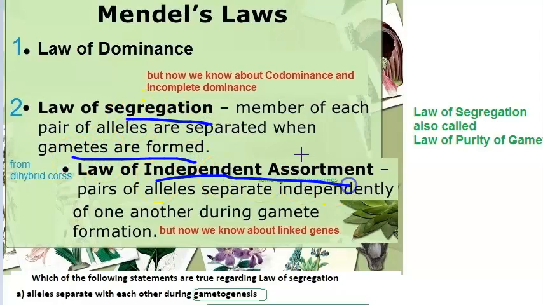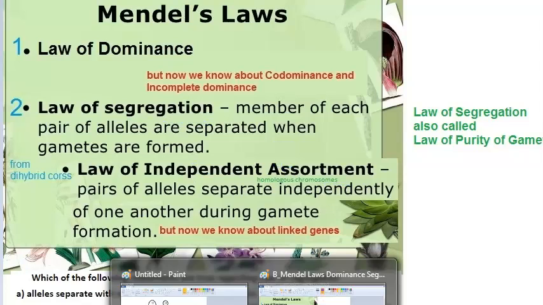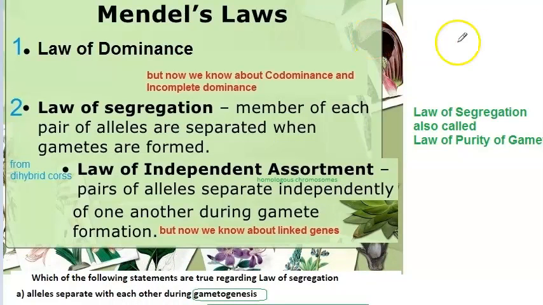Now what is the law of independent assortment? It is also called the inheritance law. Here they are talking about multiple characteristics, not just tall. Look at a dihybrid cross and you will understand. A person can be tall and the seed color can be yellow.